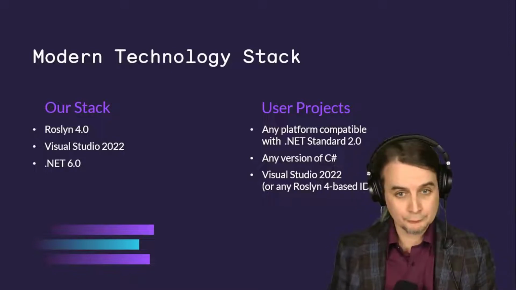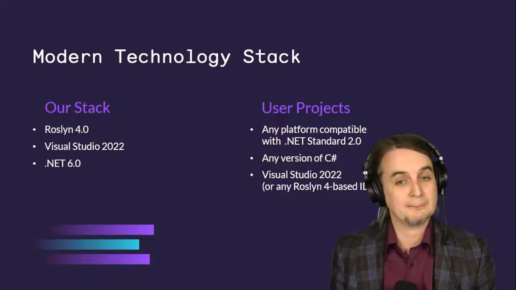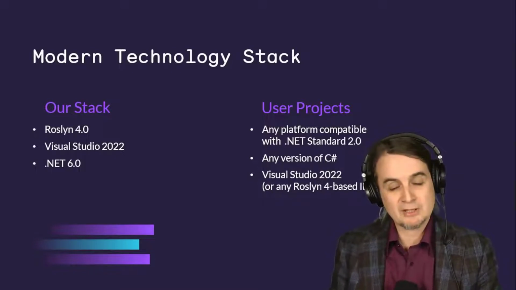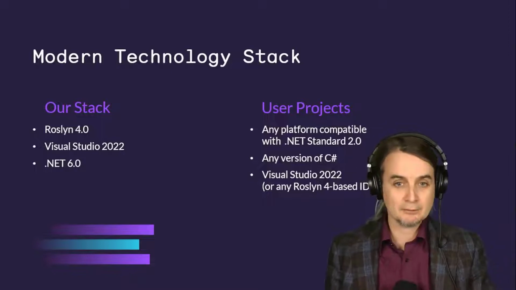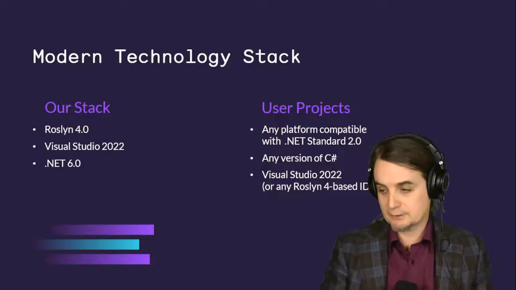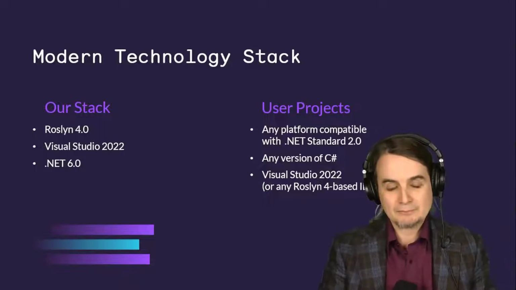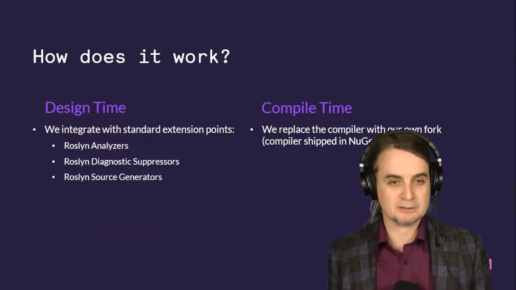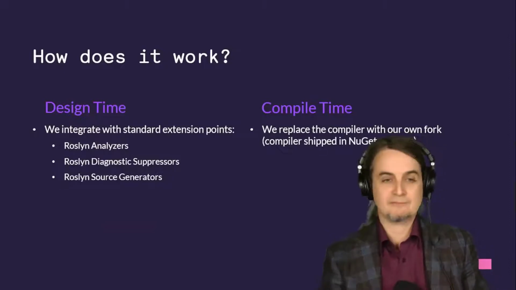Now we no longer do that, because we integrate inside the compiler. So we are much more flexible. You can use any version of C#, and you can use actually any Roslyn-based IDE with approximately the same set of features.